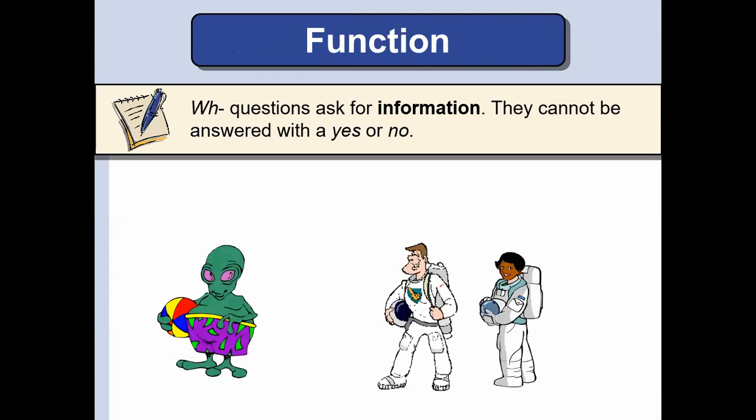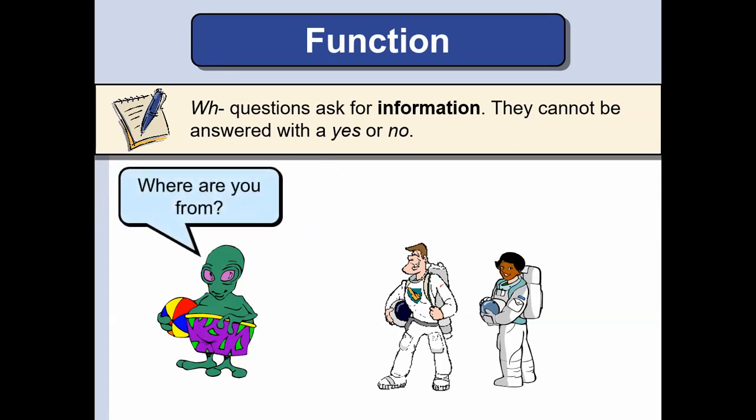WH questions are used to ask for information. They cannot be answered with a yes or no. So where are you from? That's another one. Where are you from is looking for information.